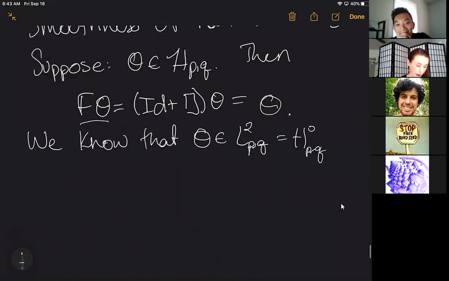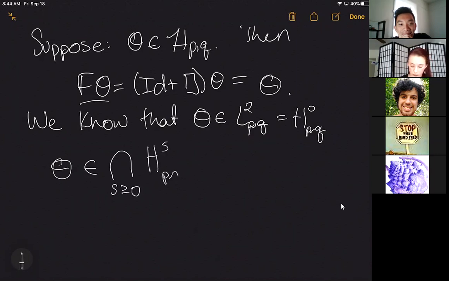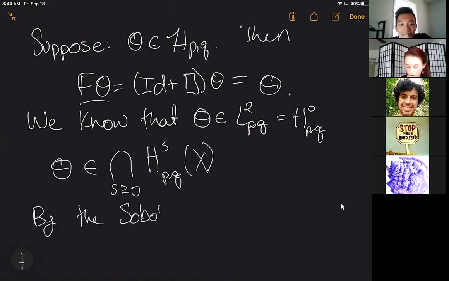So we get that theta is in the intersection of all Sobolev spaces with s bigger than or equal to 0. And then by the Sobolev embedding theorem, theta is smooth.